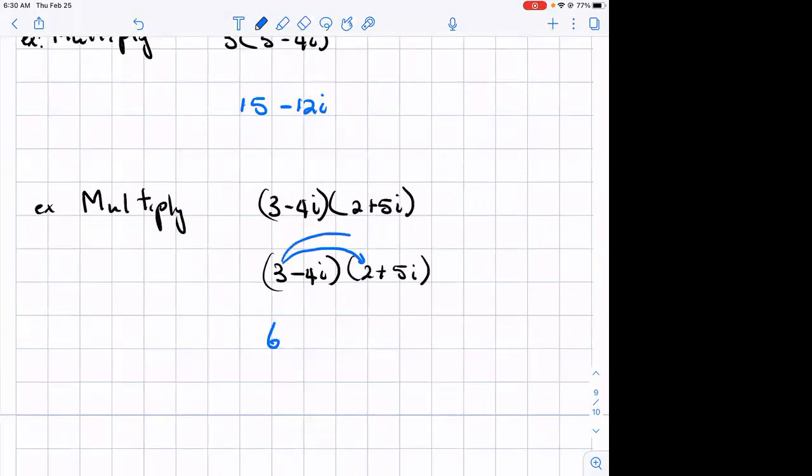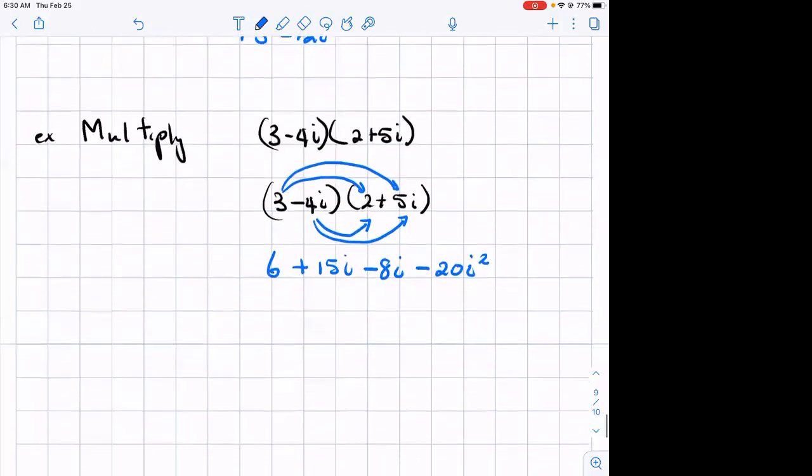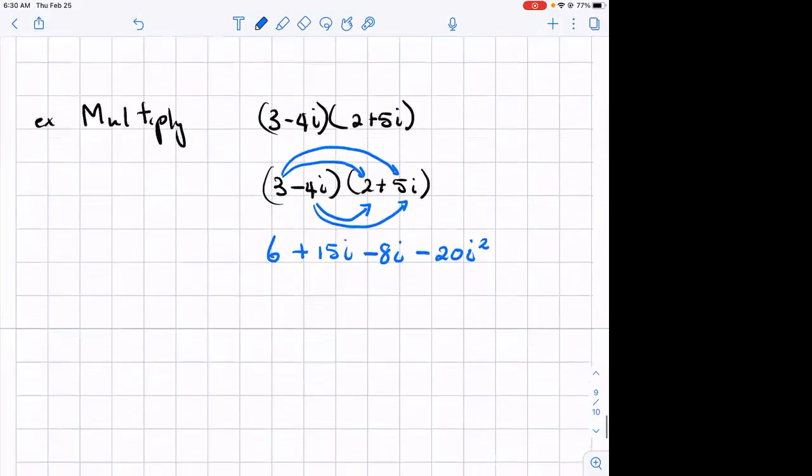Then we multiply 3 times positive 5i, and that becomes positive 15i. Then we multiply minus 4i times 2, and this becomes minus 8i. And then we have minus 4i times positive 5i. This becomes negative 20i squared. Okay. So i times i becomes i squared.